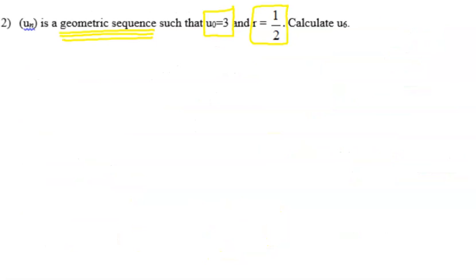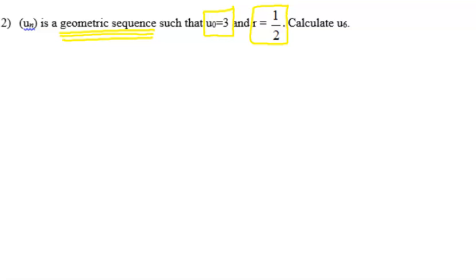In the second part, we are given un, a geometric sequence also, where u0, the first term, is equal to 3, and the common ratio is 1 over 2. We are asked to calculate u6. Also in this part, we need the relation between the term of rank n and the first term u0.